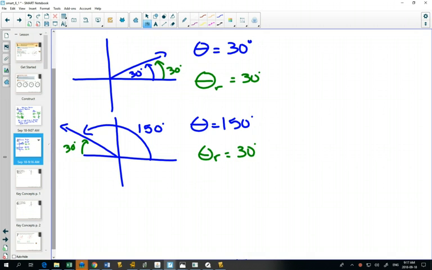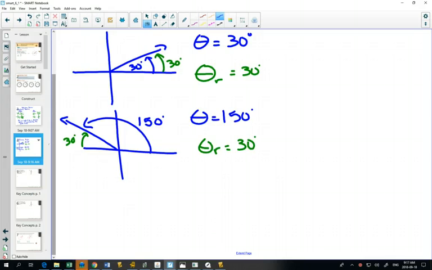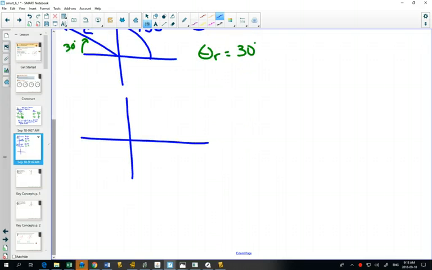And we could also draw one in quadrant 3. Could you draw an angle in quadrant 3 with the same reference angle? Well, if I went to quadrant 3, this angle would be what, so that my reference angle is 30 degrees? 210.